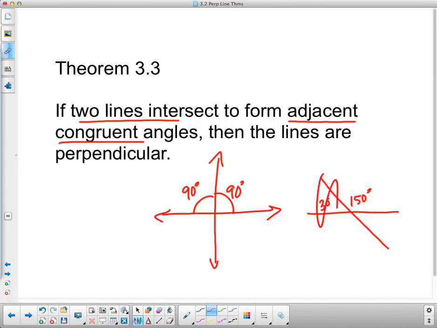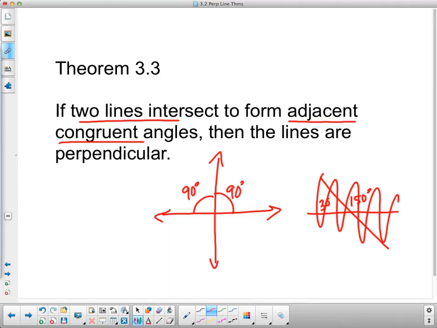Okay, so we're agreeing on the first picture? Yeah. Okay, so what did it say the conclusion would be? Then the lines are perpendicular. Are these two lines perpendicular? Yes. What's perpendicular mean? They intersect on the same plane. What's a little bit more? Look at your notes from yesterday. What's intersect mean?